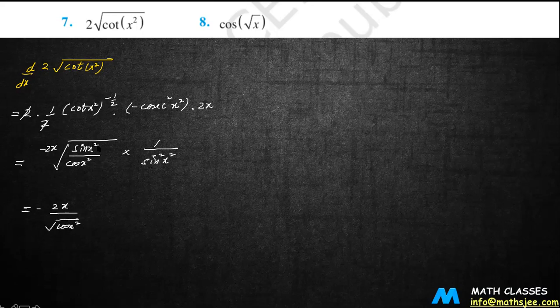And this power is this, here we have 2, and then here the power is half. So 2 minus half is 3 by 2. So you can write it into sine of x square raised to the power 3 by 2, which will be the correct answer.